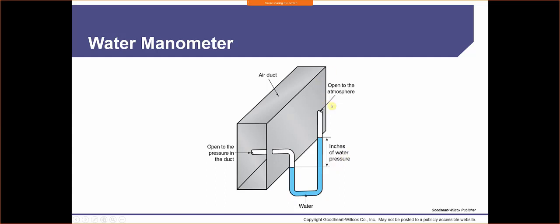We're also open to the atmosphere. This is critical when we're talking about air duct. We really want to balance the system properly. We can't just put a PSI gauge on there. The PSI level is just not enough to measure, so we're going to use inches of water column to do that.